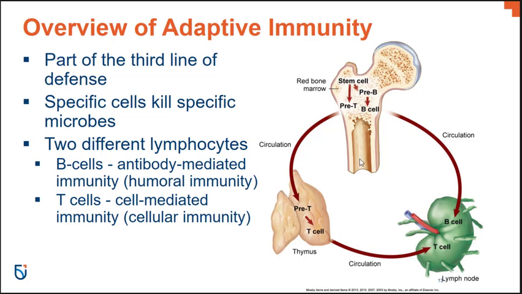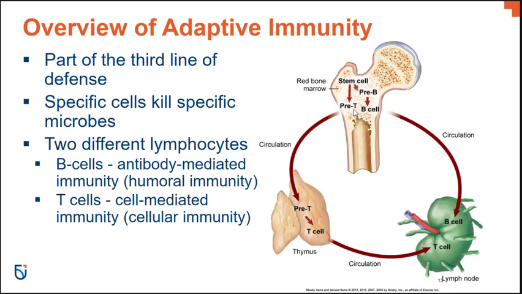Now, relating to this image here, recall from one of our previous lectures that lymphocytes originally form in bone marrow, as do all blood cells, from these primitive cells called hematopoietic stem cells. Now, T cells actually travel to the thymus to mature. So think of T for thymus and T for T cells.